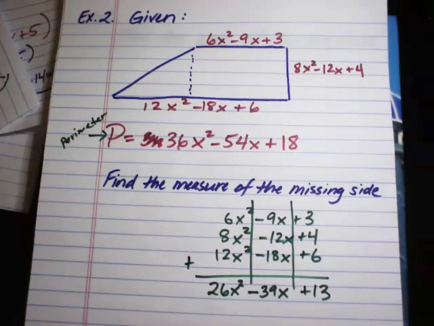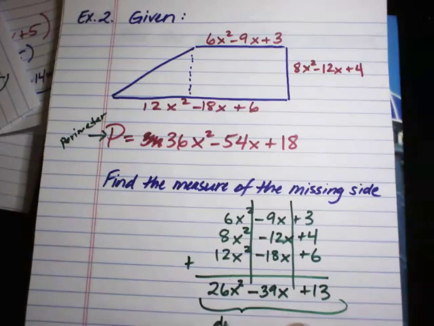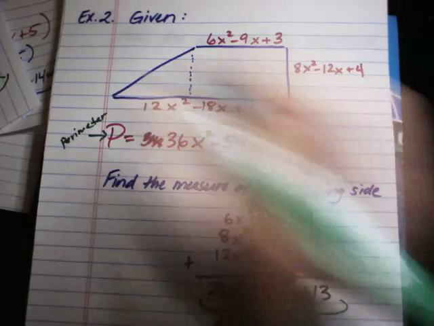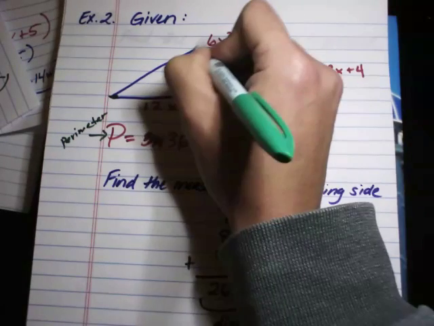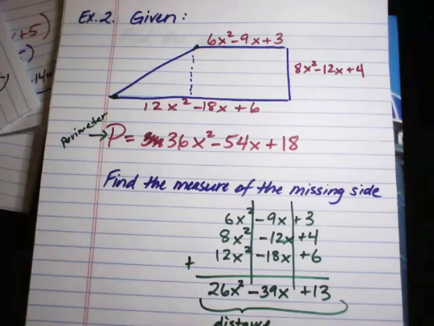What this represents is the distance from here, if you're traveling all the way around to this point. So that's the distance that's known.